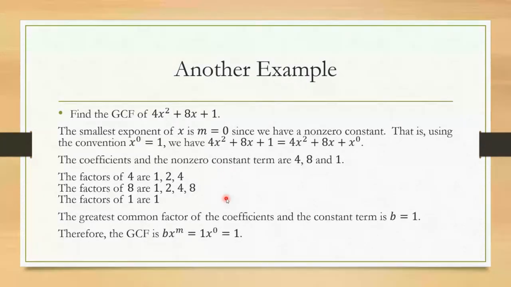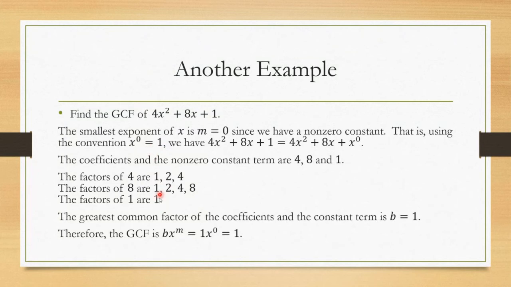What are the factors of 4? 1, 2, 4. What are the factors of 8? 1, 2, 4, and 8. And the only factor of 1 is 1. So the only common factor is 1. So B has to be 1. That is the greatest common factor among the coefficients and the constant term.